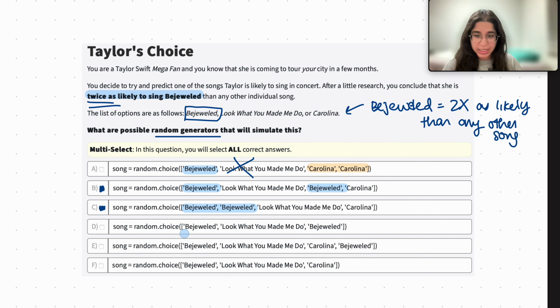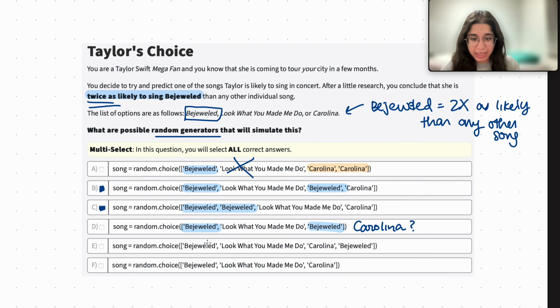Then finally, in answer choice D, Bejeweled shows up twice, but Carolina is not included. So this is not a valid generator, because it doesn't include all of the songs in our possible space.